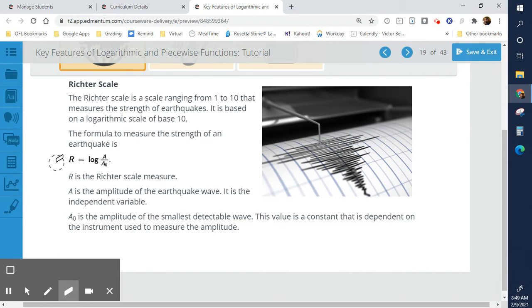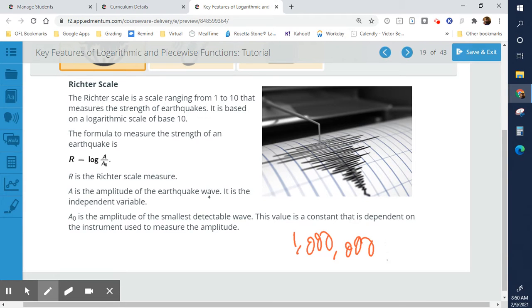So we measure it based off of what can actually be measured with this tool. If it's a 1 on the Richter scale, that means it's 10 times bigger than a one that we can barely feel, that this machine can barely sense. That's why the power of 10 is used a lot, because it's easier to think of things as 1,000 times bigger, 1,000,000 times bigger, because we can just use log base 10.